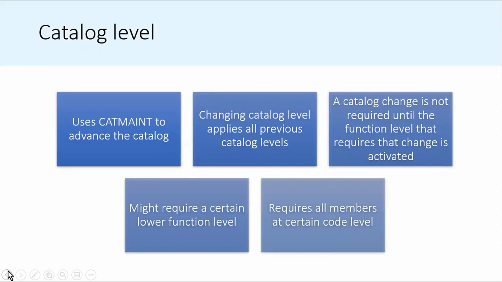So depending on what you're doing, you might have to advance function levels a certain distance before you can get to a catmaint. And of course, to get to a new catalog level, all the members have to be at a minimum required code level that supports that catalog change.